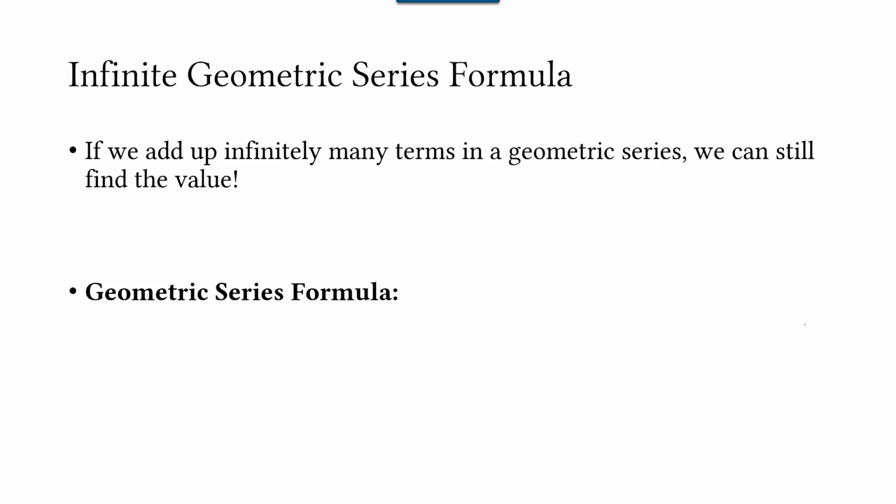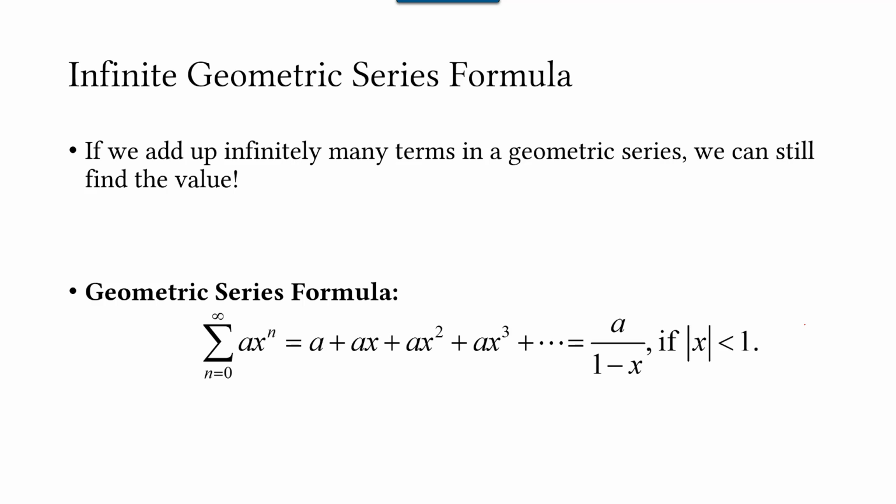So the infinite geometric series formula, or sometimes just called the geometric series formula, is as follows. On the left-hand side, I just have two different ways of expressing an infinite sum, either n equals 0 to infinity of ax to the n, or with the terms written out. Notice that this time there's no largest exponent on the x, right? I've got this plus dot dot dot, which indicates I'm continuing on with an infinite number of terms.